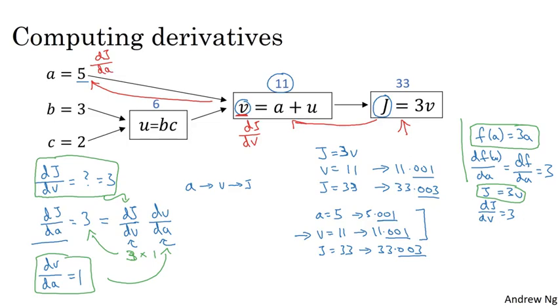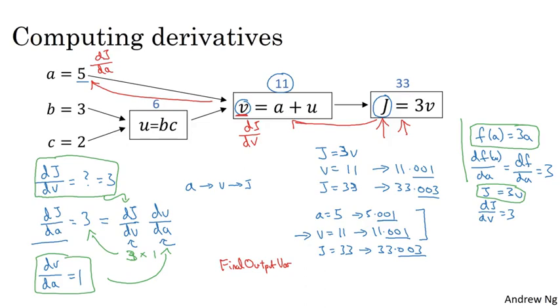I just want to introduce one more new notational convention, which is that when you're writing code to implement backpropagation, there'll usually be some final output variable that you really care about or that you want to optimize. In this case, this final output variable is J, really the last node in your computation graph.